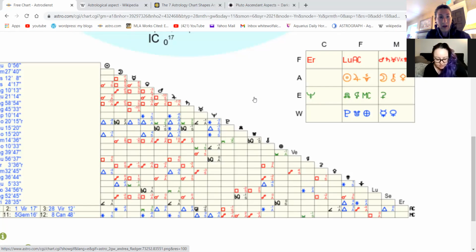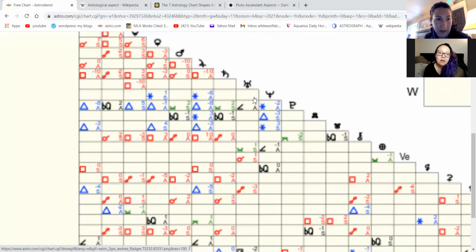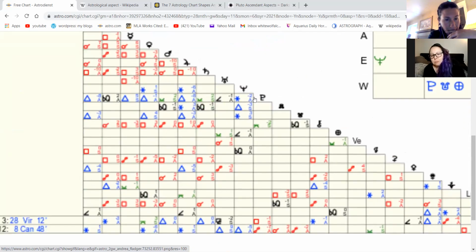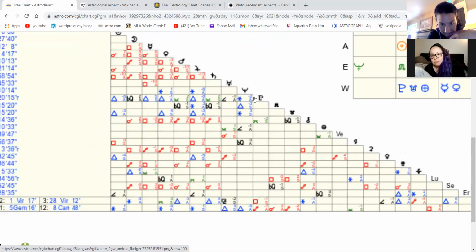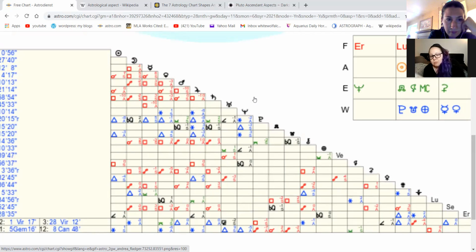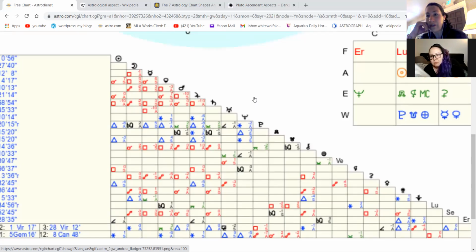Nice. Okay, well, what about Sun? It'd be interesting to research the Sun trine South Node of the Moon.